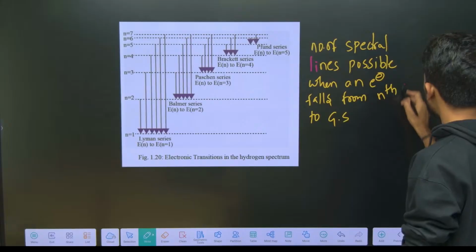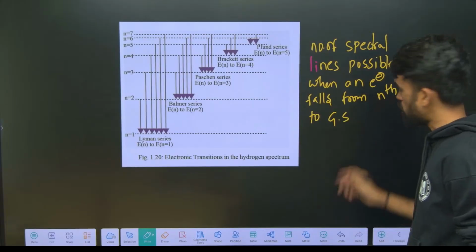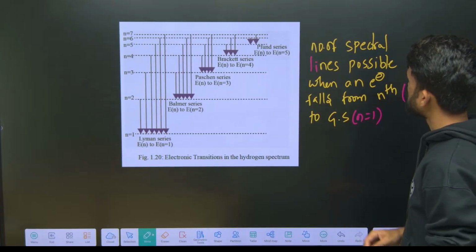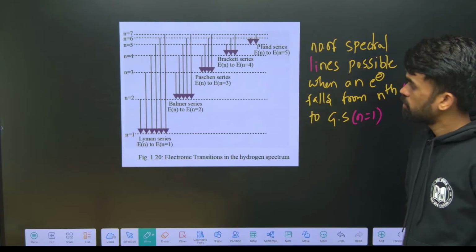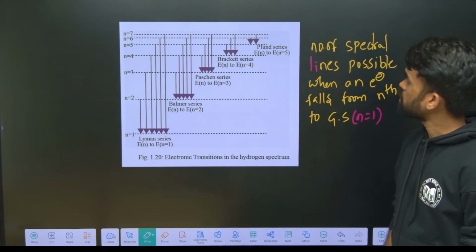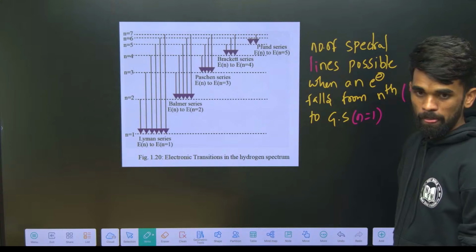For example, the nth level means the 5th state to the ground state. Ground state means n value is 1. So how many spectral lines are possible in this case? From the 5th level to the first level when an electron is falling, how many lines are possible?